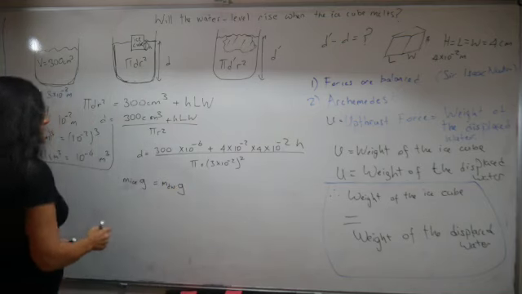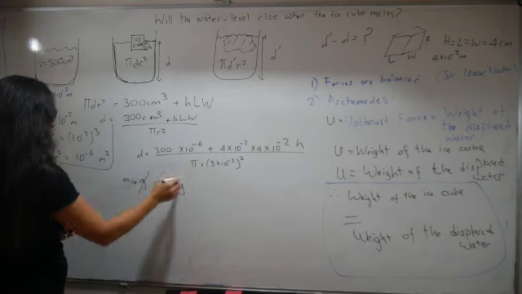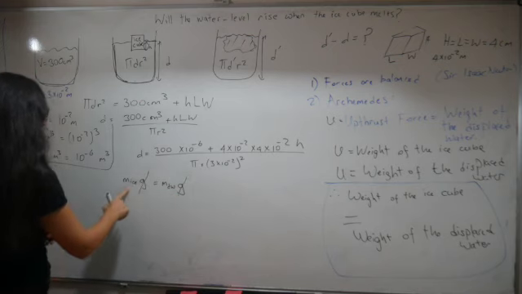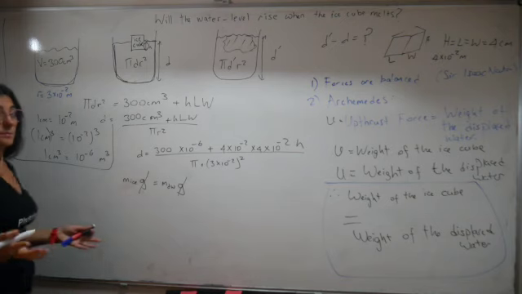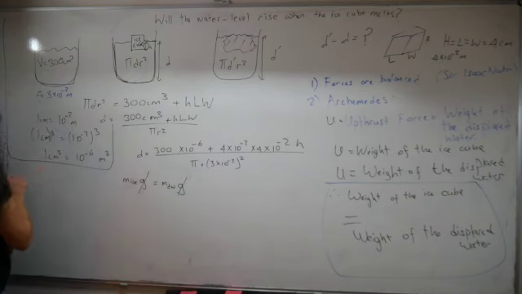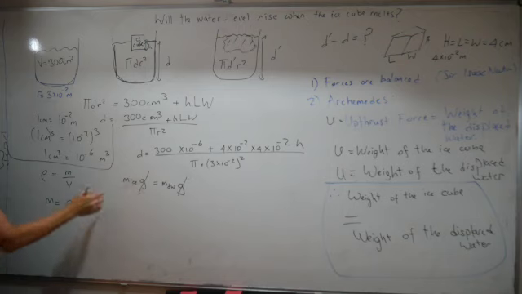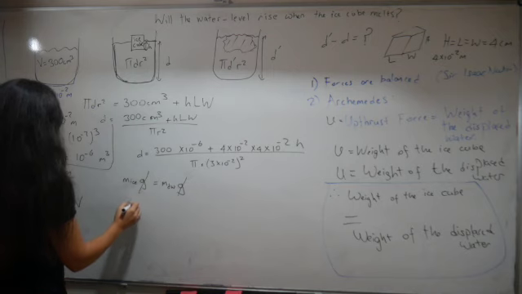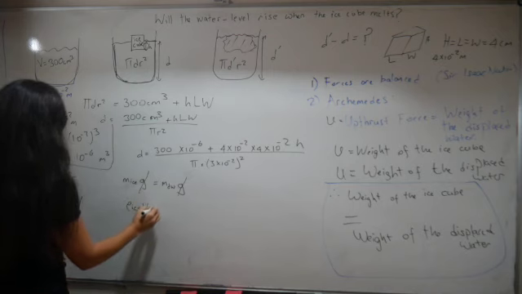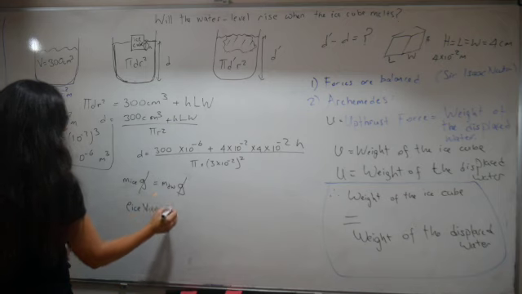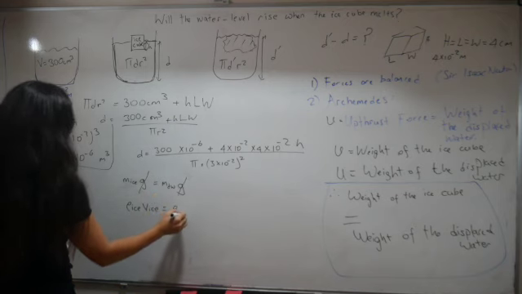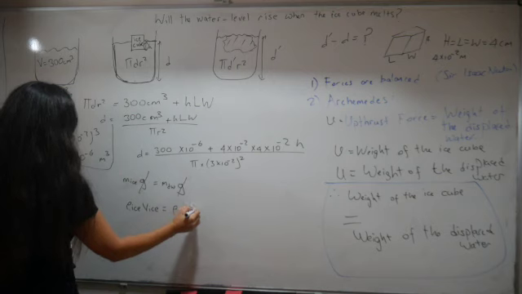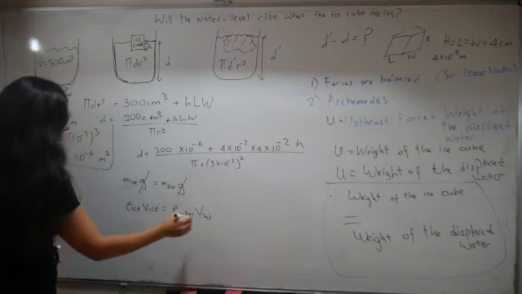So the g's cancel, so mass of ice equals mass of displaced water, and you know the density equation, which means we can write mass as rho V and substitute all that here. So I have density of ice times volume of ice equals density of water times volume of displaced water.